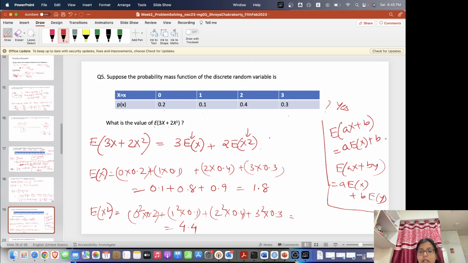So substituting the values here, we have 3 into 1.8 plus 2 into 4.4. 5.4 plus 8.8 is 13.2, is the answer. Sorry, not 13.2, 14.2.